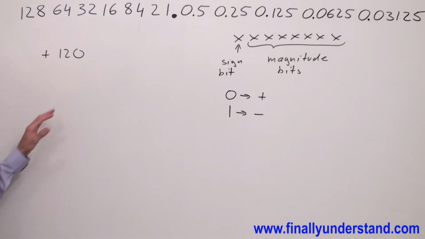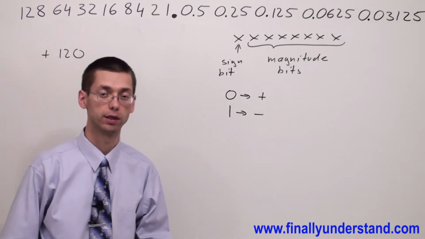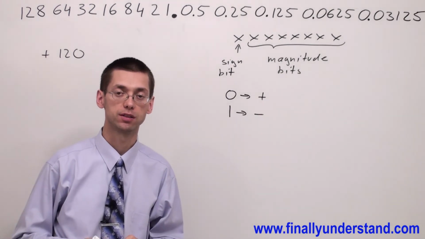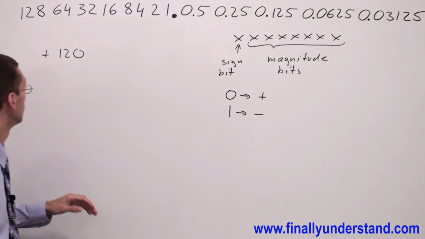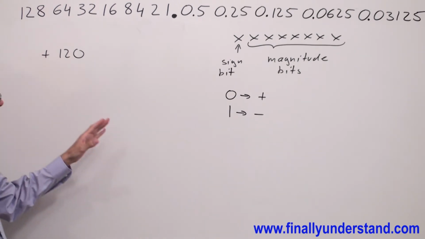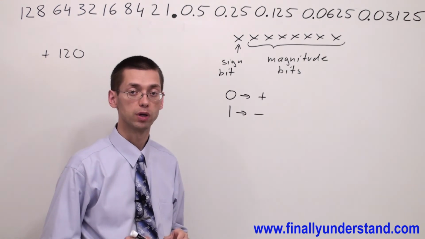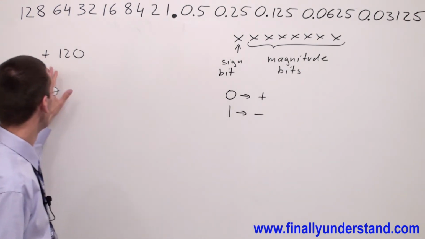We have the next example. This time we're supposed to express positive 120 as an 8-bit sign magnitude number. First, look at the sign. We said that the leftmost bit of my binary number is supposed to represent the sign. We have a positive sign.